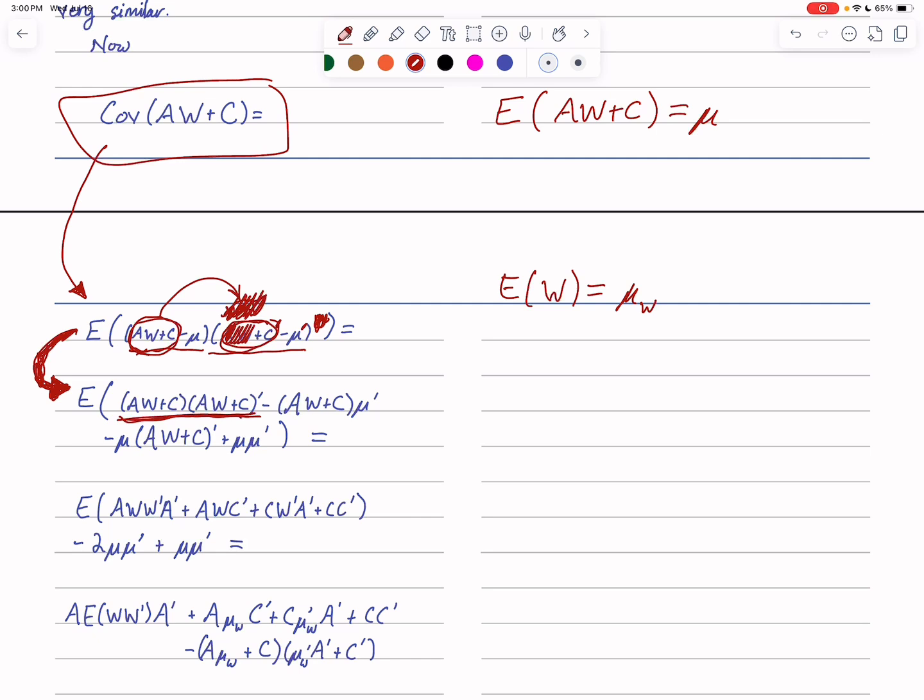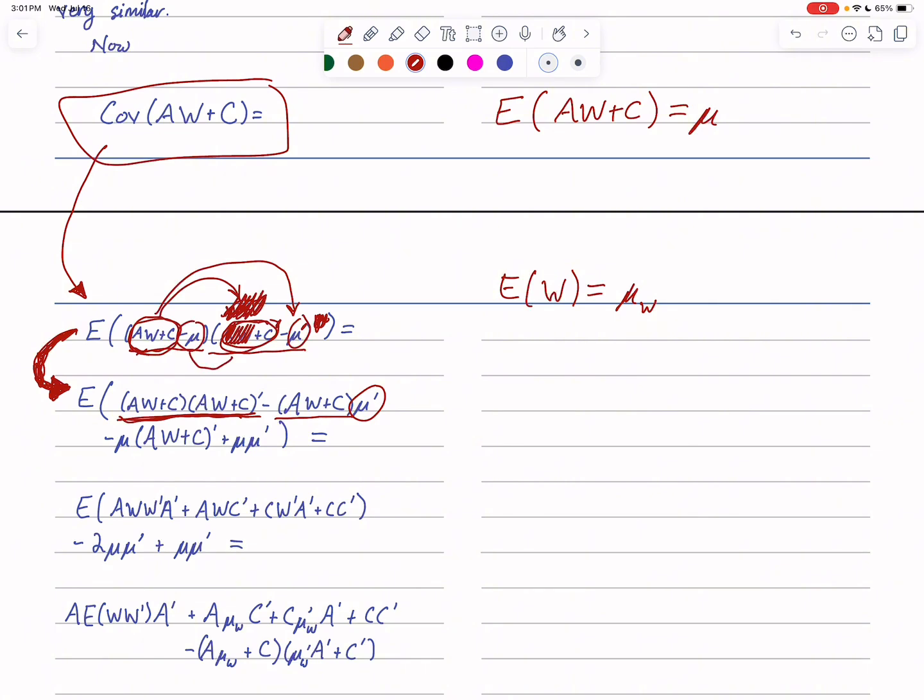The next thing I do is I distribute it over here. So that's how I get minus AW plus C all times mu prime, because the prime distributed to that mu in that particular factor there. Okay, then I continue with my distribution. I'm going to take my minus mu and distribute it here.